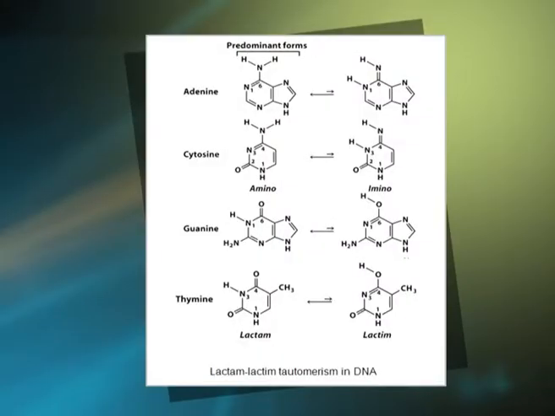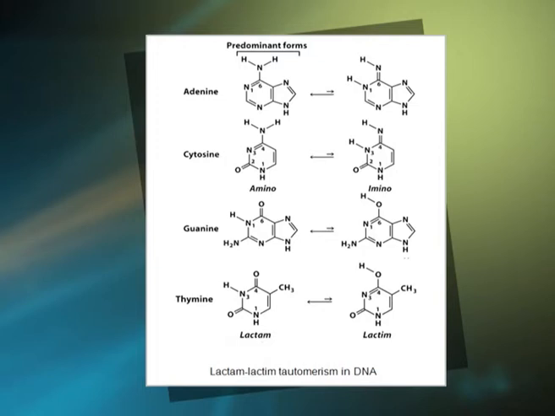For example, tautomer form of A pairs with C, tautomer of G pairs with T, tautomer of T pairs with G and tautomer of C pairs with A. Tautomerization usually occurs by the transformation of the amino group of adenine and cytosine to imino group by amino-imino tautomerization or by the transformation of the keto group of guanine and thymine to enol group, which is keto-enol tautomerization.